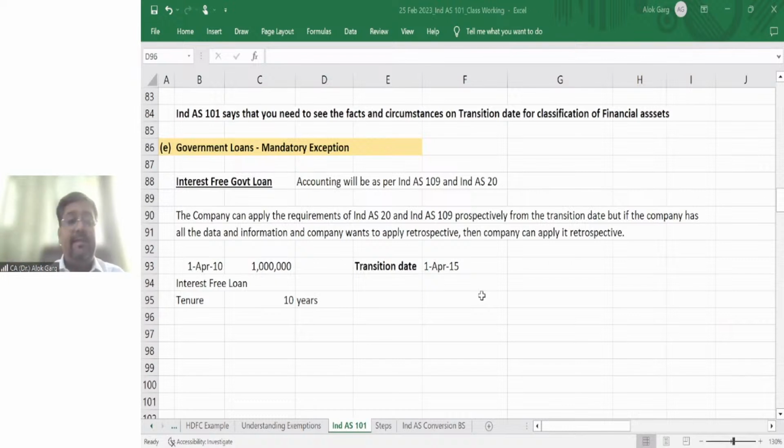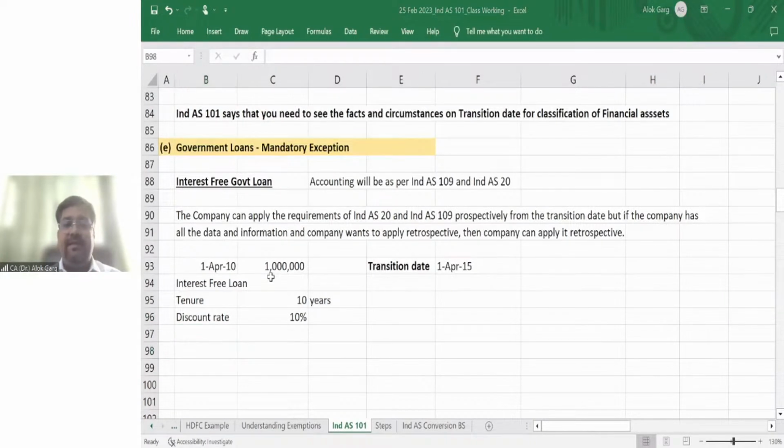Now the question arises, what is the retrospective calculation of this loan? For retrospective calculation, if this is a loan, you have to recognize this loan at amortized cost. Discount rate is, let's say, 10%.